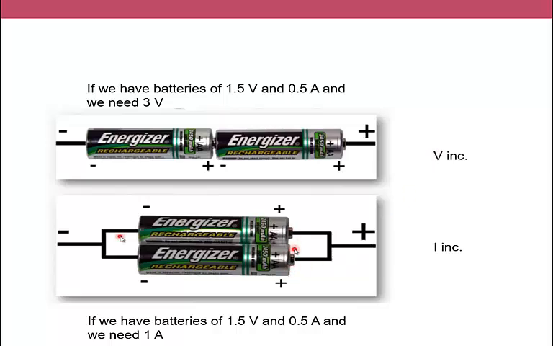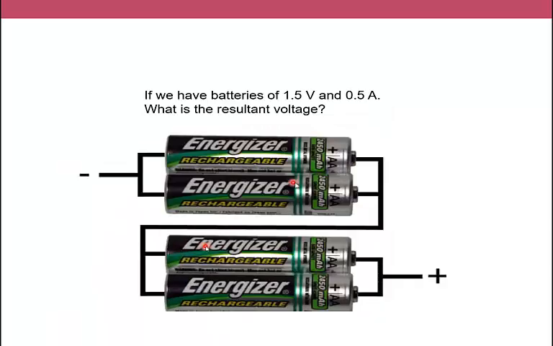While in the parallel connection, the current increases but the voltage remains the same. So if we have batteries of 1.5 volt and 0.5 ampere and we need 3 volts, we have to connect them in series. But if we need 1 ampere, we have to connect them in parallel.